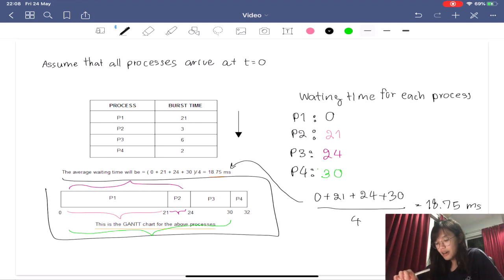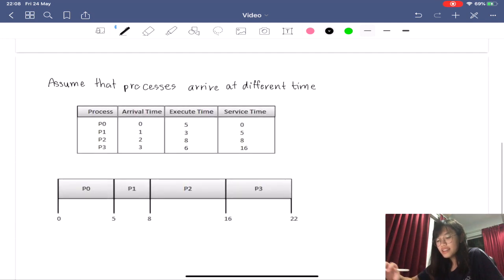And the second example is where the processes arrive at different times. So it will be a little bit harder, but it's not really hard, believe me. So we can go through it very fast.